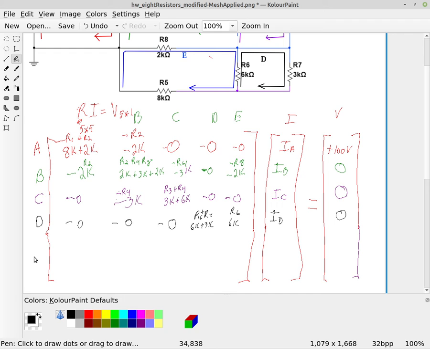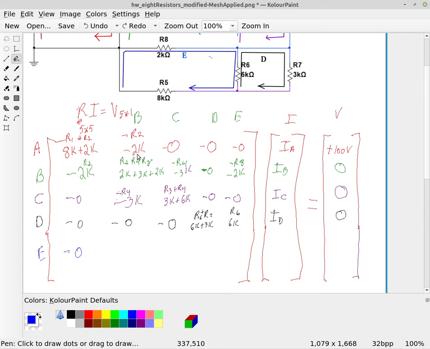And then E was blue, so change to blue here, and we'll do E. So row E now, E touches A, but it's just a node, there's no resistance there. So that's a -0. So again, notice that this column here going this way matches this column here. The -2, 0, 0, and 0 match.